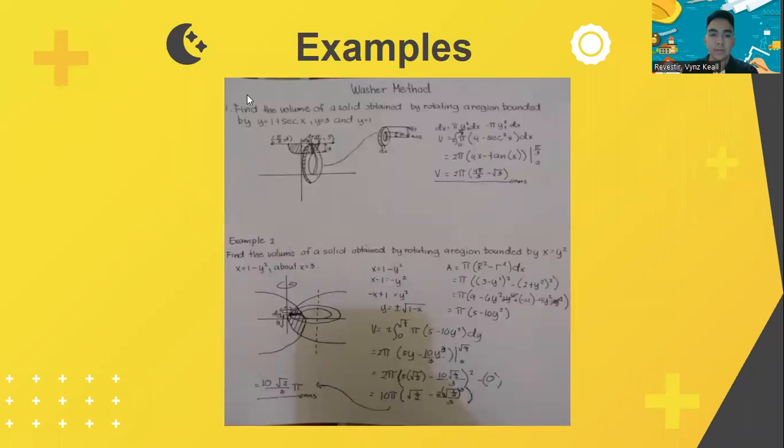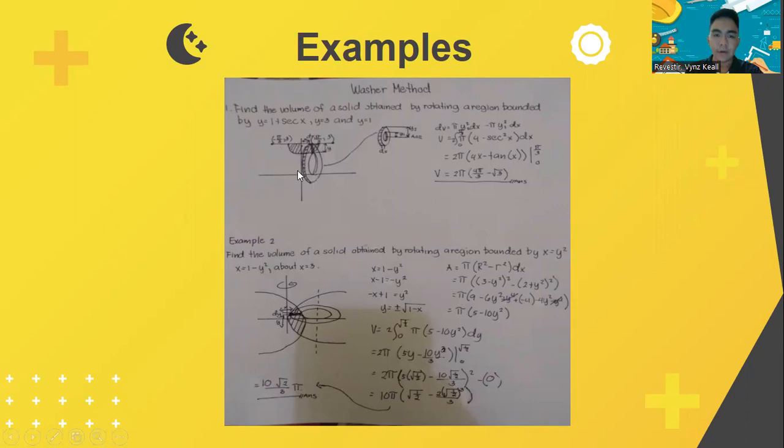Washer method. Find the volume of a solid obtained by rotating a region bounded by y equals 1 plus secant x, y equals 3, and y equals 1. So this is the graph. The graph of 1 plus secant x is this one, and we put in some vertical strip.